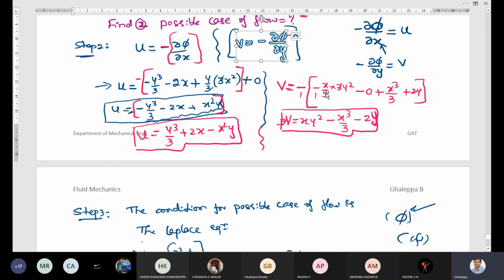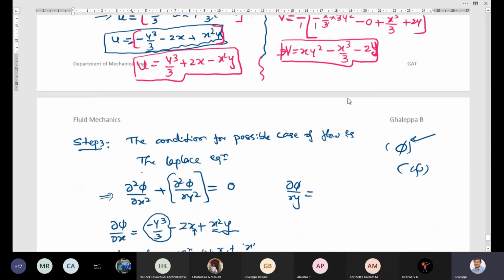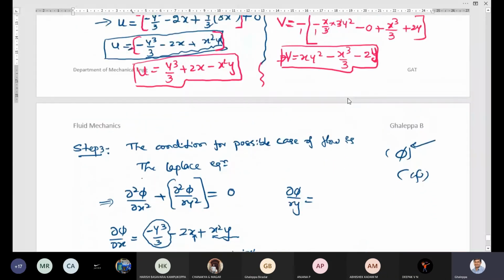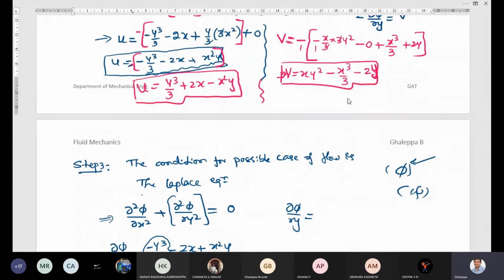So what is within the bracket? Minus x y square. So I will write as it is. I will copy minus x y square, this term. 0 neglected, x cube by 3 plus 2y.